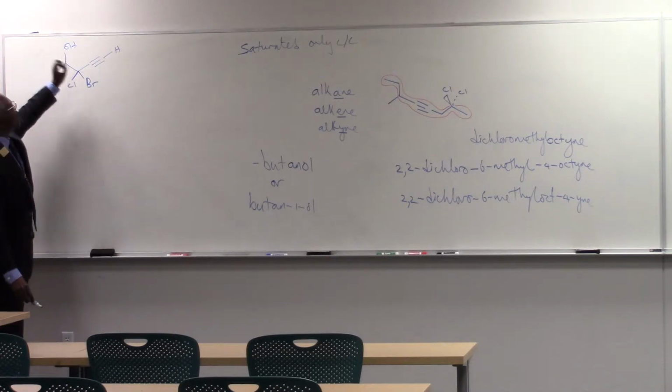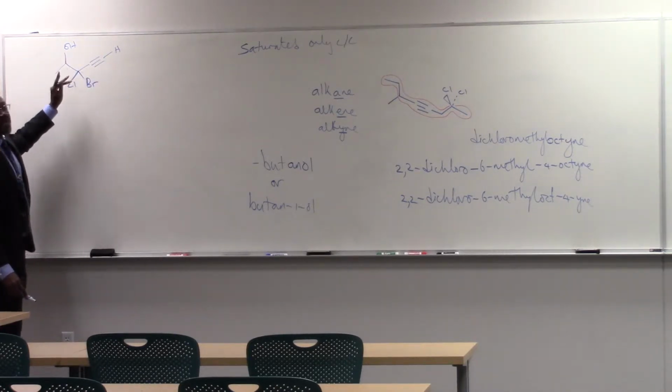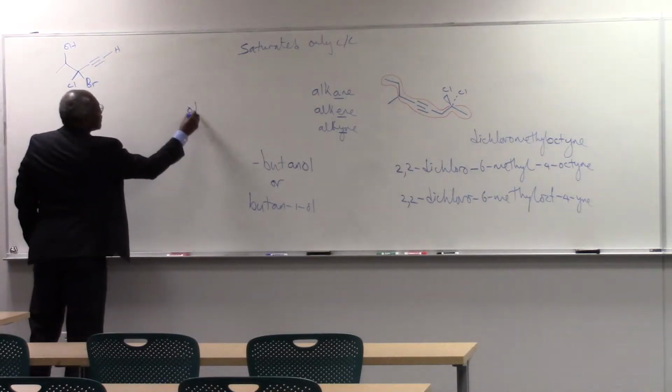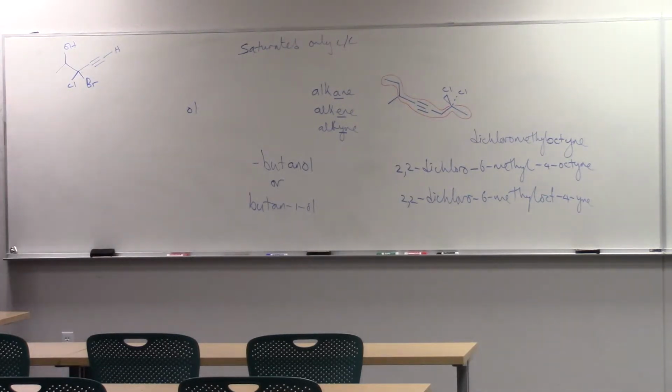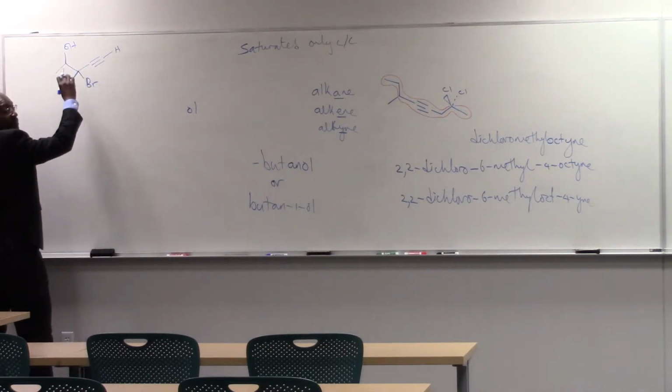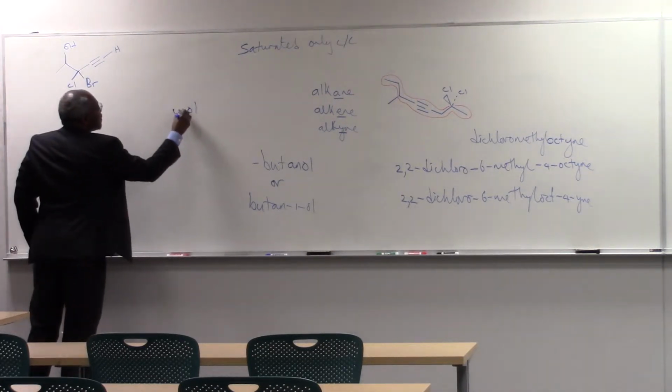I've got the OH, I've got the triple bond, I've got the bromines and the chlorines. The one that takes priority, and I gave you guys that sheet that showed priority, is the hydroxy group of the alcohol. So I'm going to write "ol". I now want to know what is the character of the carbon-carbon backbone. It has a triple bond in it, so this is an "yn".